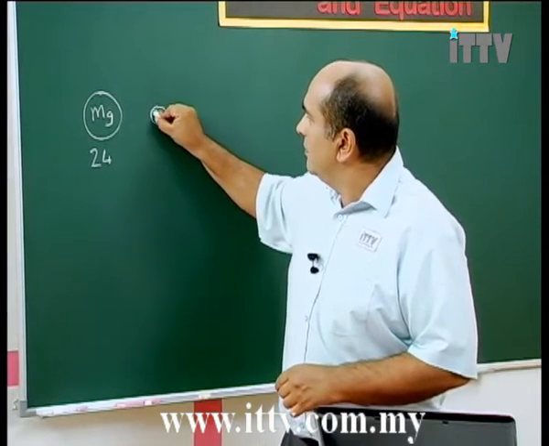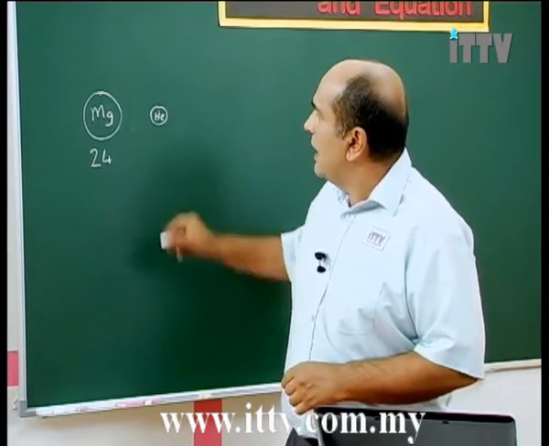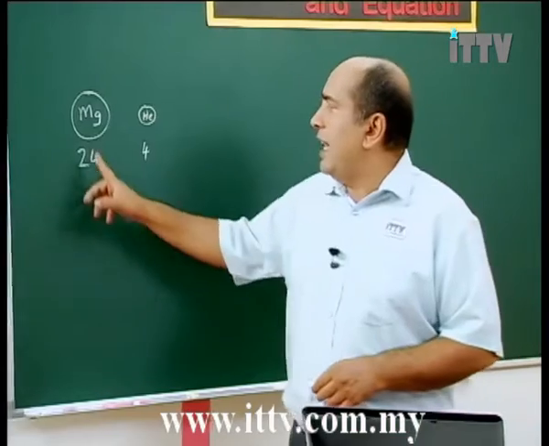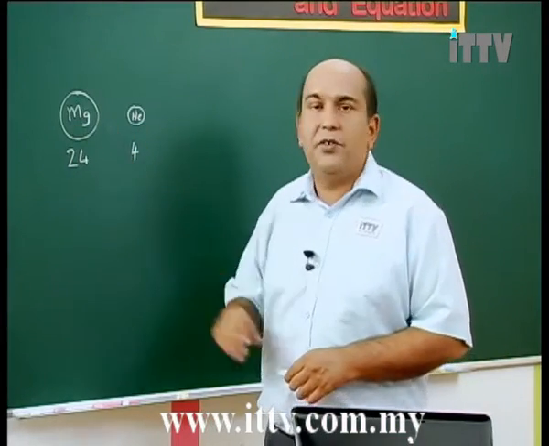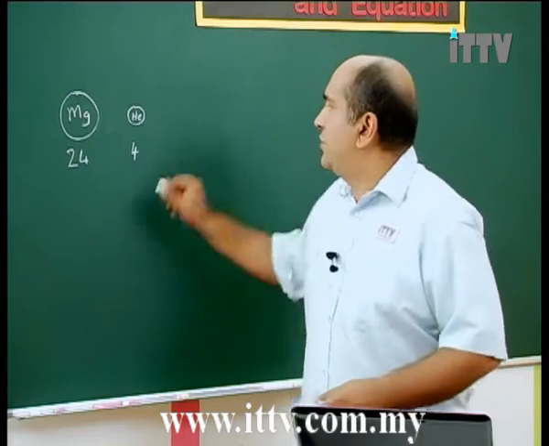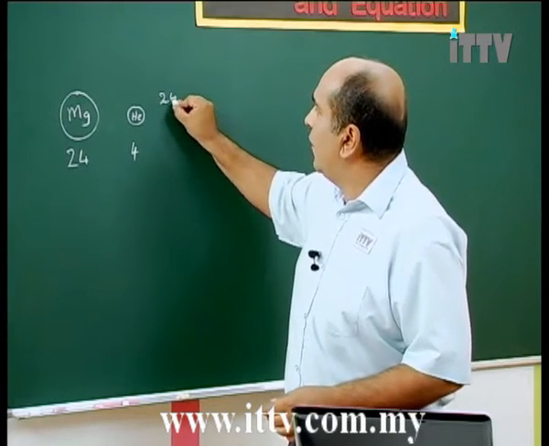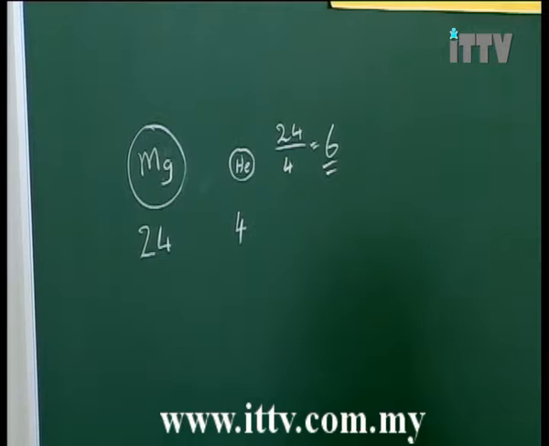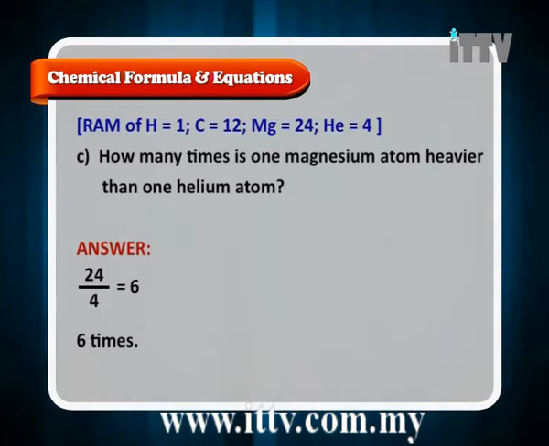Helium has the mass 4. So, how many times heavier is this compared to this? Well, it's just simple math. 24 divided by 4, which is 6. So it means magnesium is 6 times heavier than helium.